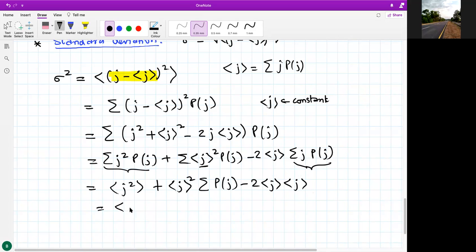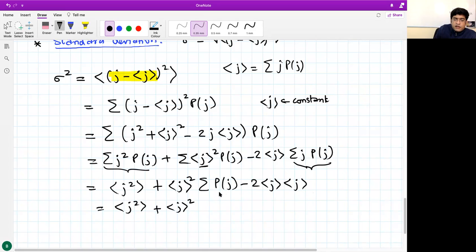So this becomes mean of j square plus j mean square minus 2 j mean square. You can see these quantities are the same, so you get mean of j square minus j mean square.